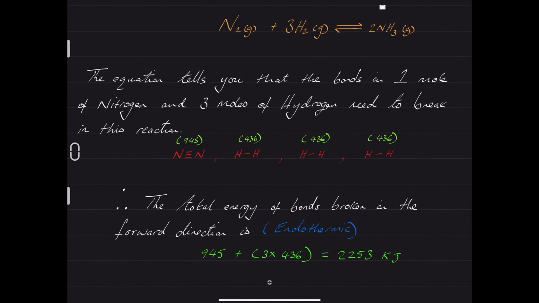So can you just take this down? This is the first part, where we've identified the reactants, the number of moles, and the bond energy values to break these bonds, and we've totaled them, which gives us 2,253 kilojoules to break these bonds in the forward direction.